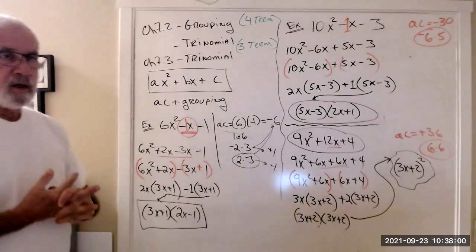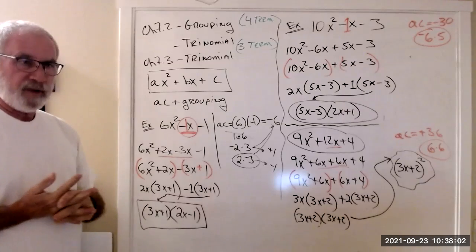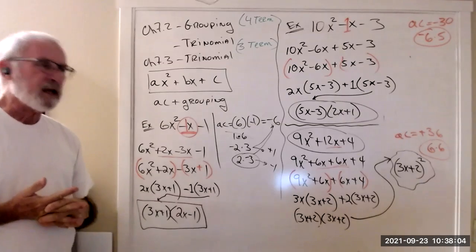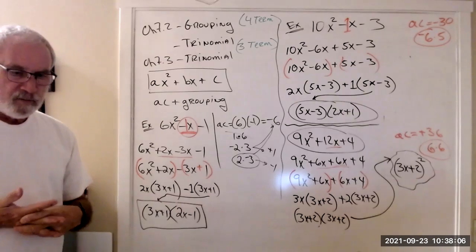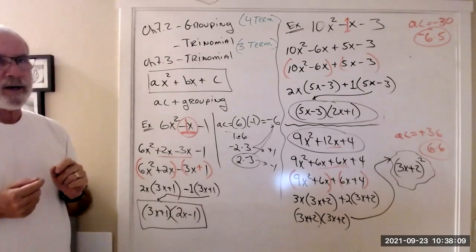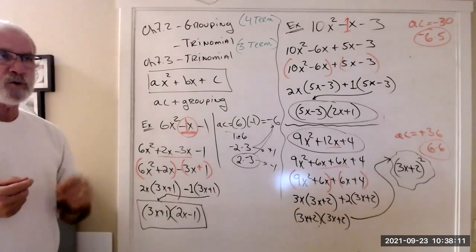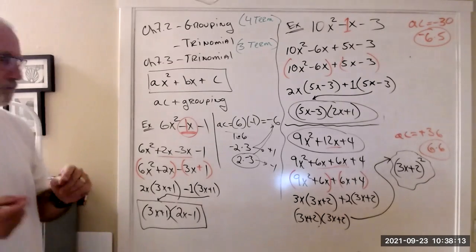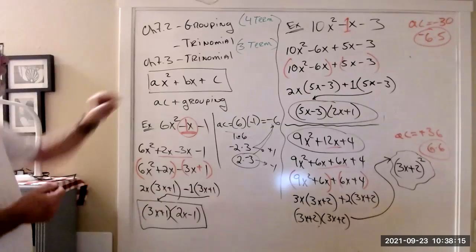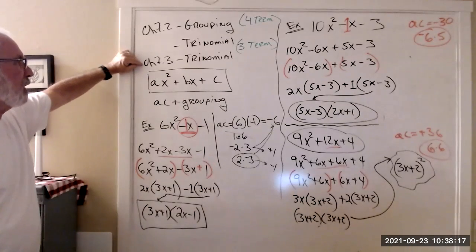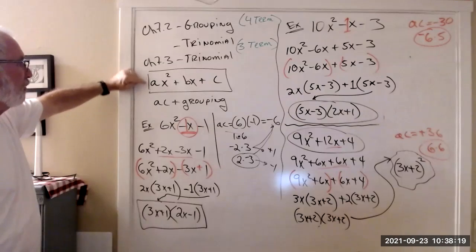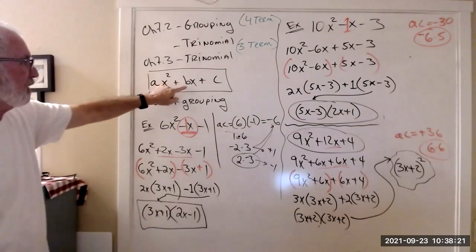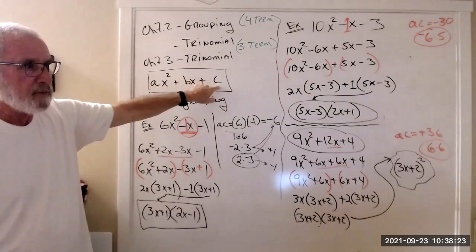All right, I need to erase the board, and we're still talking about trinomials, but there's a trick that you can use sometimes. I defined up here a trinomial as ax squared plus bx plus c.